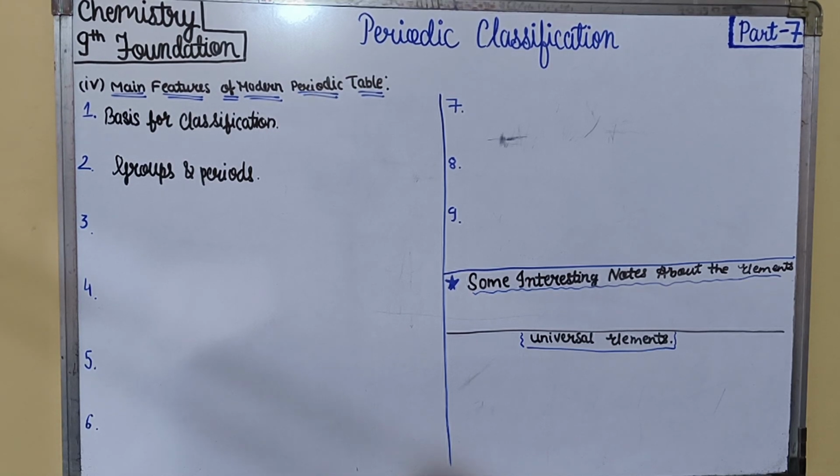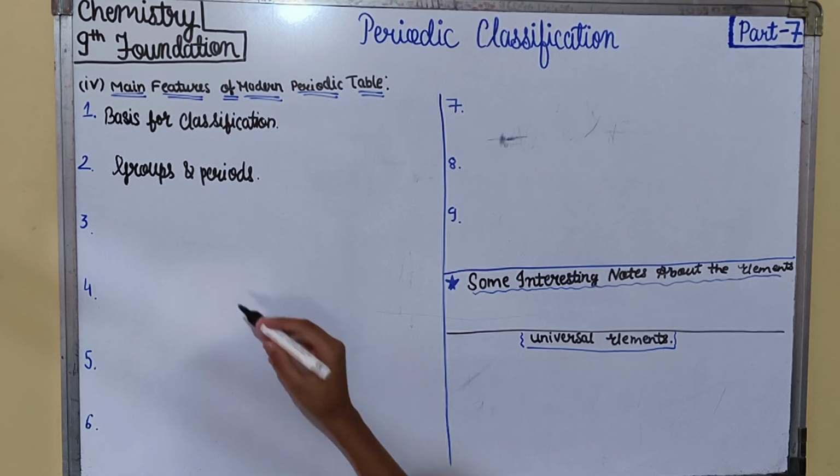There are 7 periods and 2 more rows at the bottom of the table. These are the parts of the last 2 periods. There are 16 groups under the headings: first A, 7th A, 0, first B, 7th B and 8th.